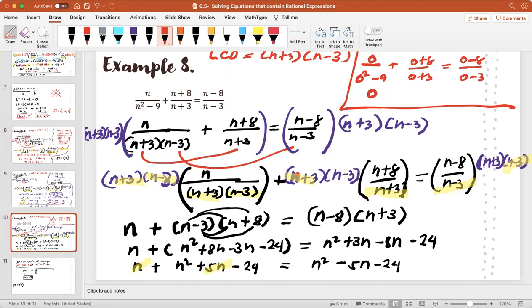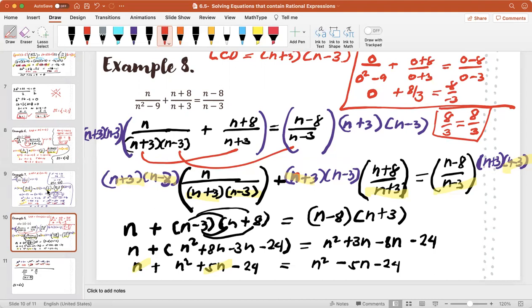So 0 plus 8 over 0 plus 3, you have 8 over 3. How about this? Negative 8 over negative 3 is also positive 8 over 3, and they are equal on both sides. That means that 0 is a solution, and we have proven it there.